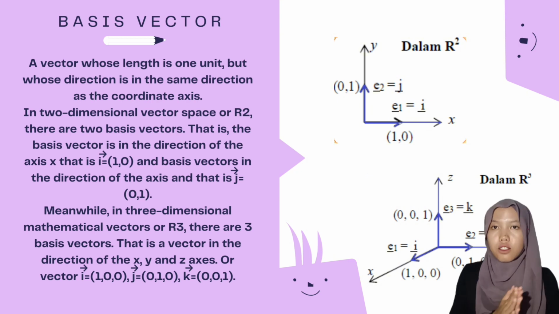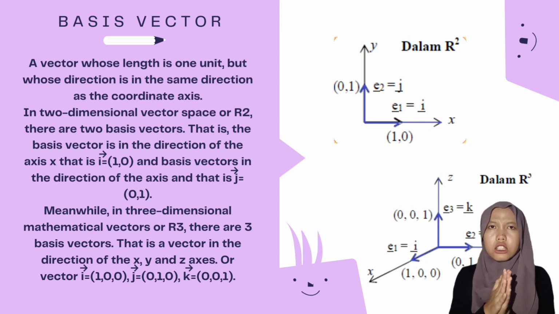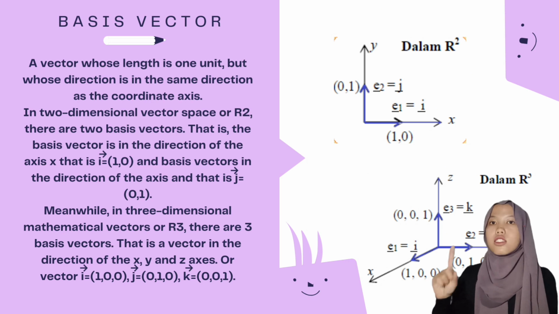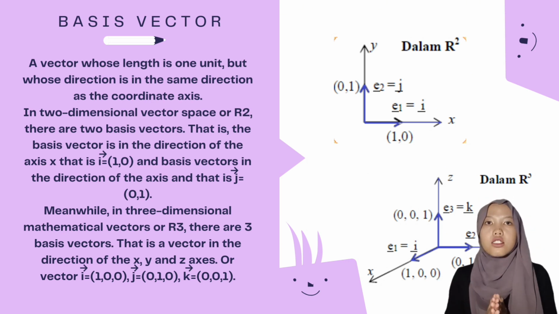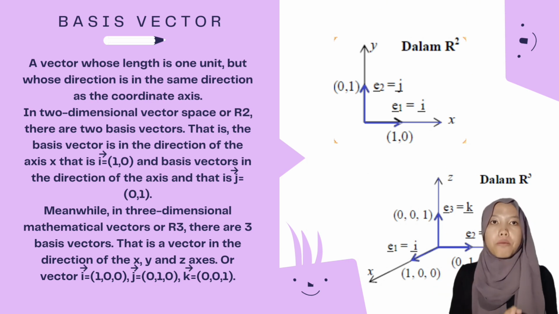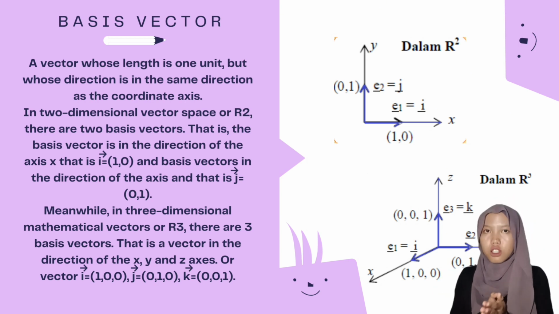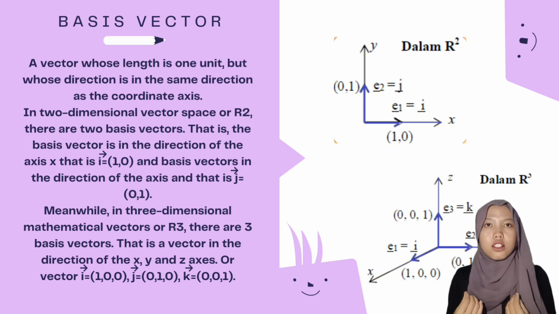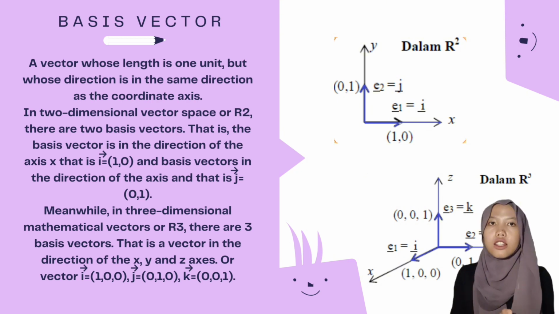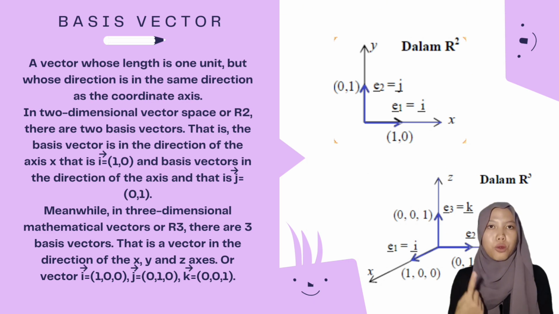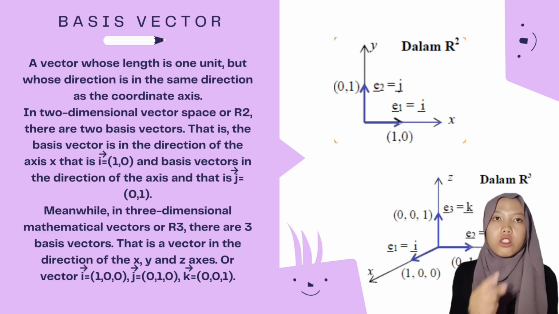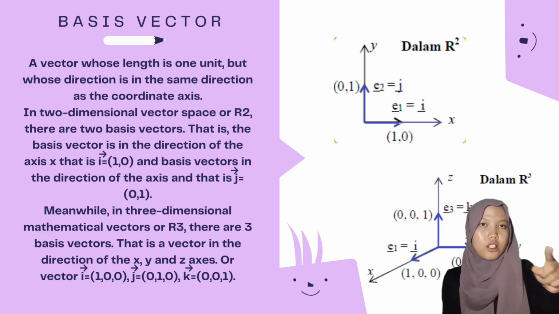That is, the basis vector in the direction of the x-axis, that is i equals (1, 0), and the basis vector in the direction of the y-axis, that is j equals (0, 1). In this picture, you can write it like that.